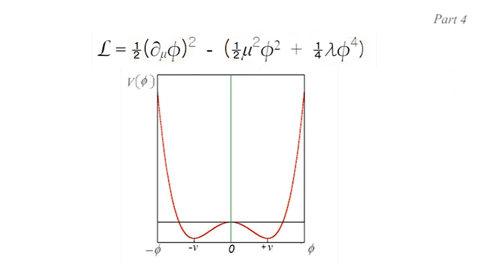So no, the only way really to minimize the energy is for every point in space to come to the same decision, either plus v or minus v, no mixture. And that is what is believed would happen in this case of a real scalar field. Adjacent points would sort themselves out so that everywhere is either plus v or minus v.